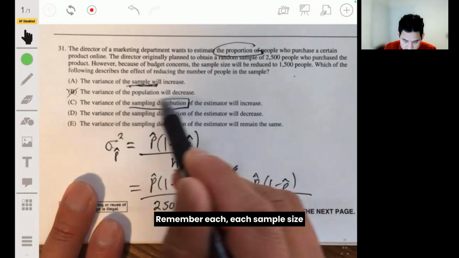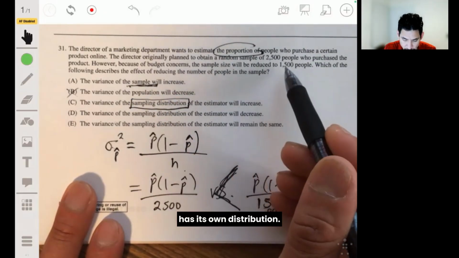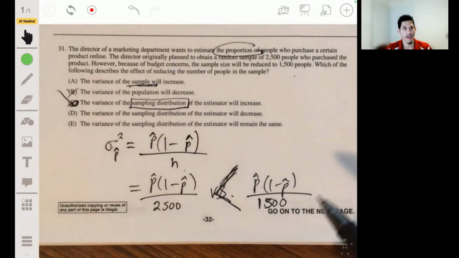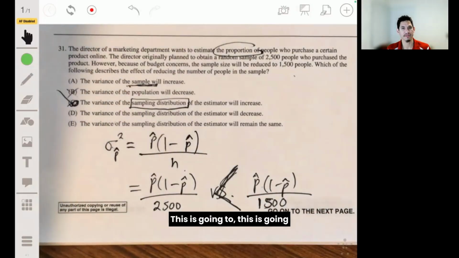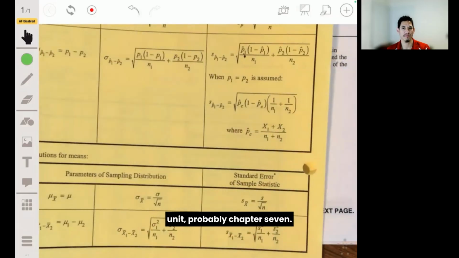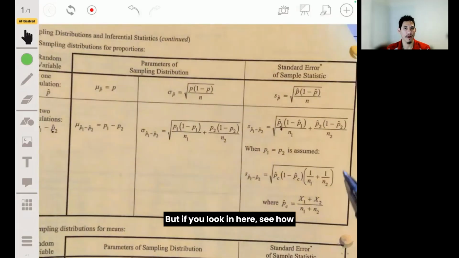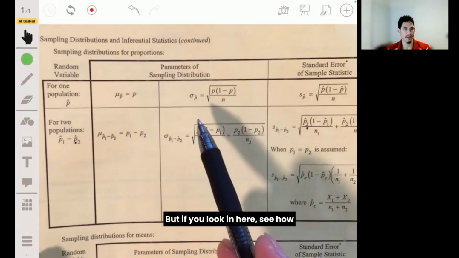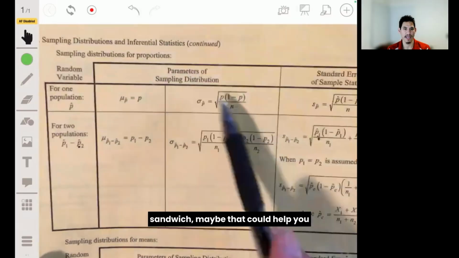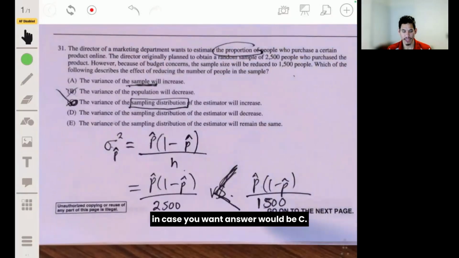Remember, each sample size has its own distribution. The variance of the sampling distribution will increase. This deals with the stuff you cover in a probability unit, probably chapter 7. But if you look in here, see how we're talking about parameters with sample distribution. So maybe that could help you. The answer would be C.